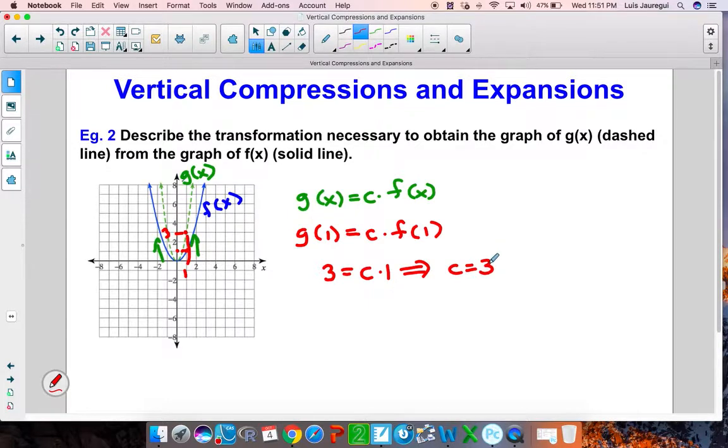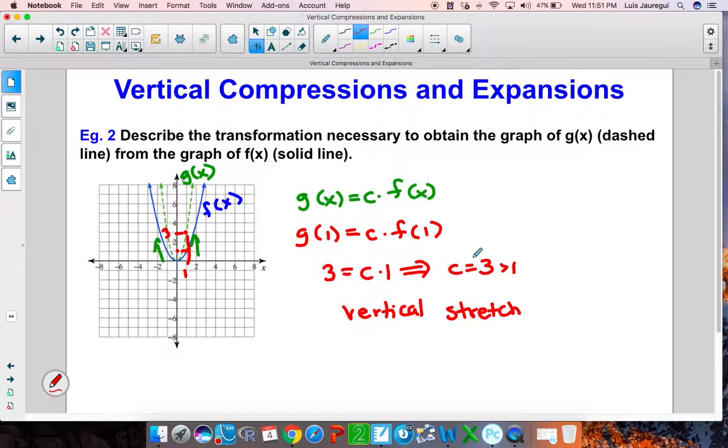And since 3 is greater than 1, we have a vertical stretch. But in the context of compressions and expansions, this is a vertical expansion.